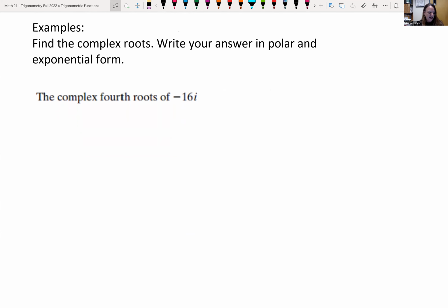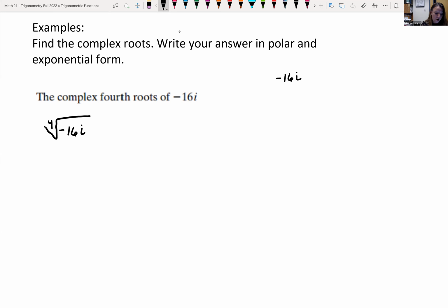So we're given that we want to find the fourth root of -16i. So find the complex roots, write your answer in polar and exponential form. So I'm given the complex number -16i, and I want to find the fourth root of -16i. Well, let's first look at -16i.